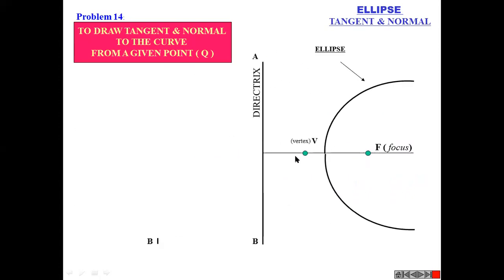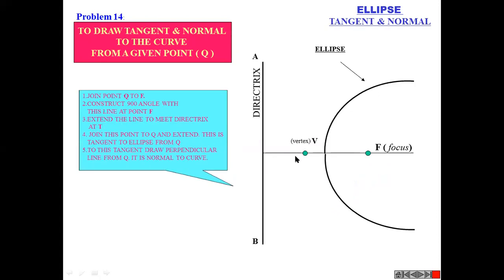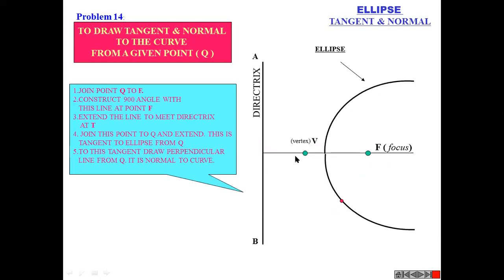Understand, you have drawn an ellipse with the directrix and focus method. Fine. So you already have the directrix with you. Okay. Now, there is a given point Q, for example, here is the red dot. Now to generate the tangent, you require some preparatory lines. For that, first of all, you will join that point with the focus like this.